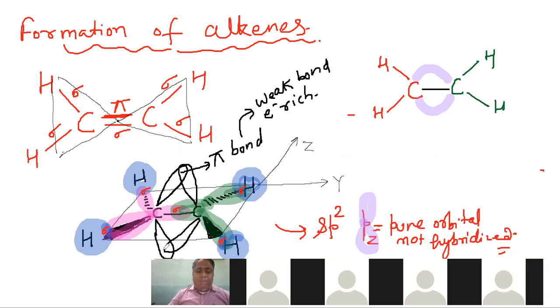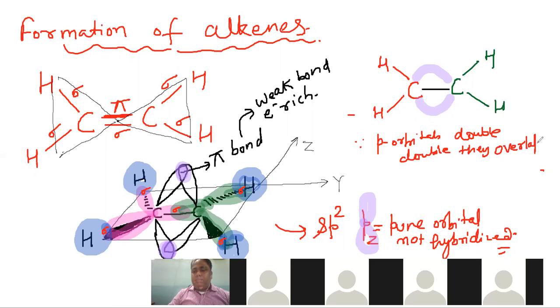Although there are 2 regions of overlap, the number of bonds formed is only 1, forming one pi bond.